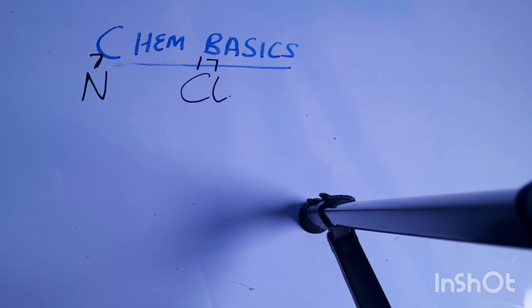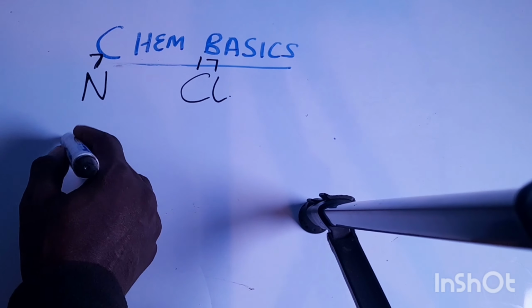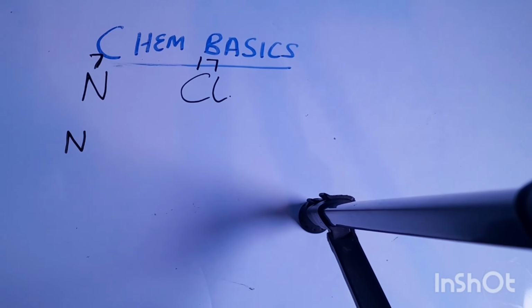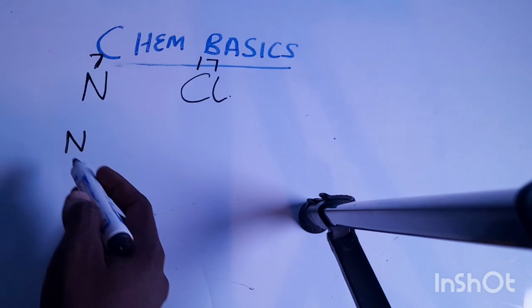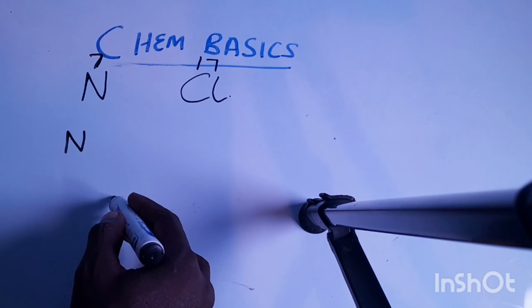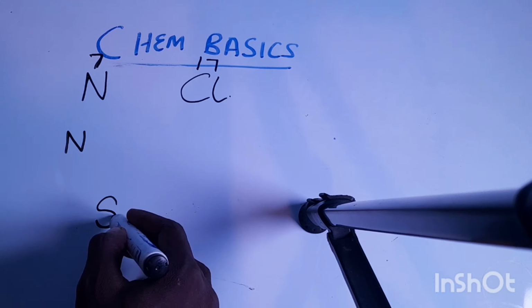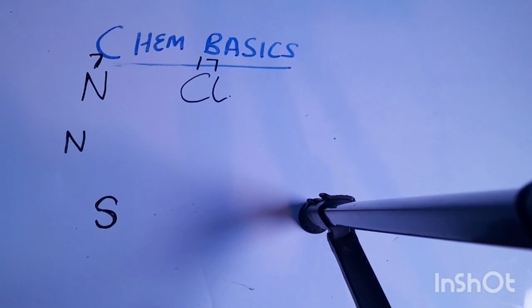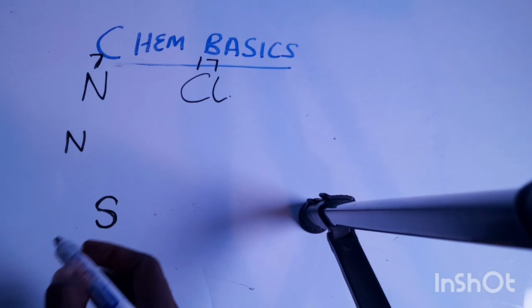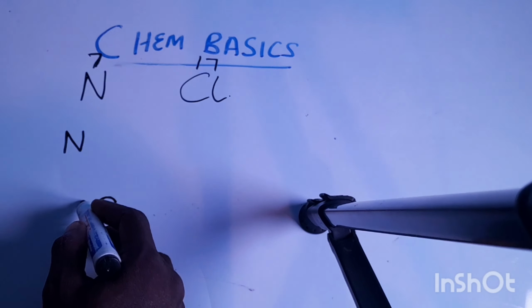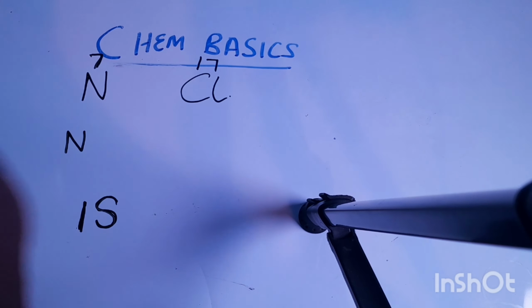So when you're filling the energy levels, this is what happens. Let's start with nitrogen. Nitrogen has 7 electrons all in all. All the elements first fill the 1s orbital, the first shell.